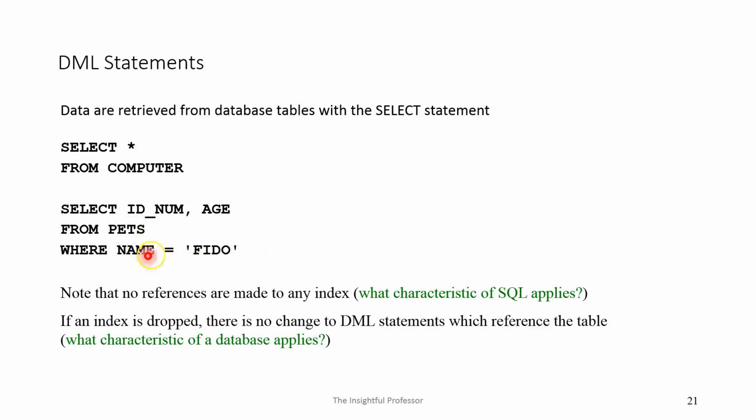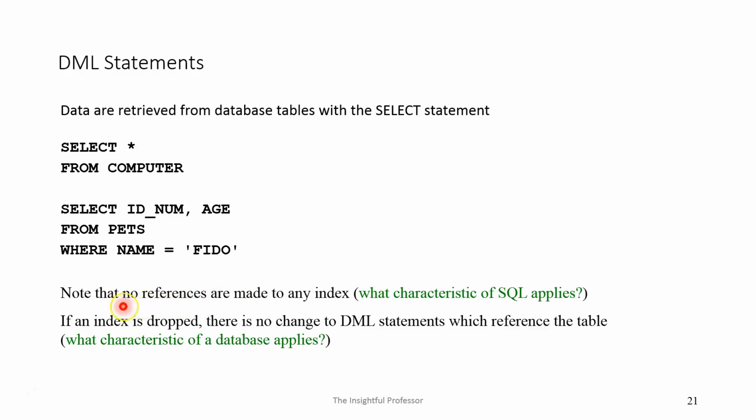The query processing system will check the name, which is another one of the columns in pets, and if the name is equal to exactly what we put here of Fido, the row will be retrieved. If we have a pet named Spot or a pet named Rover, those rows would not be retrieved. If we have three pets named Fido, all three rows would be retrieved, again because of set level processing.